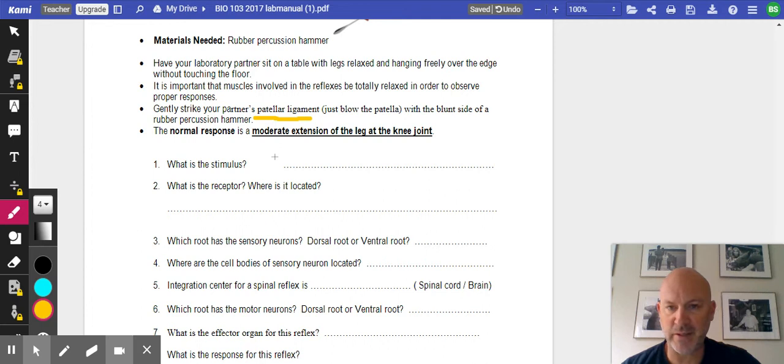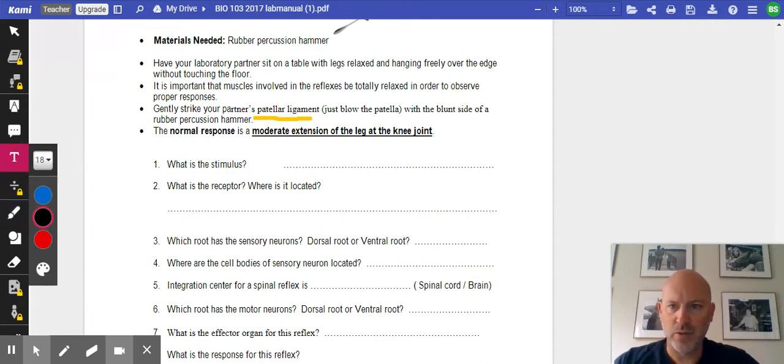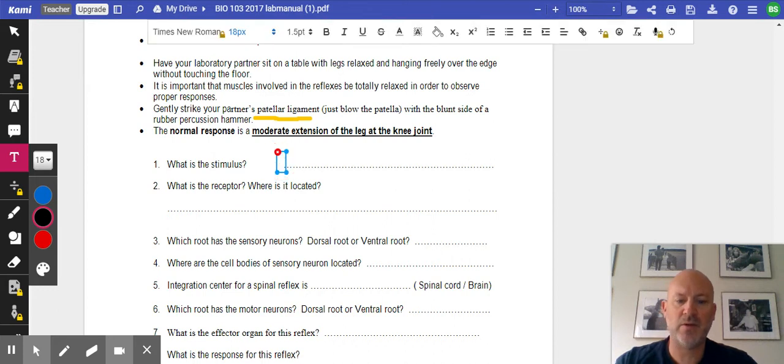covers that ligament. So in this case, what is the stimulus? The strike. The hammer. What is the receptor?